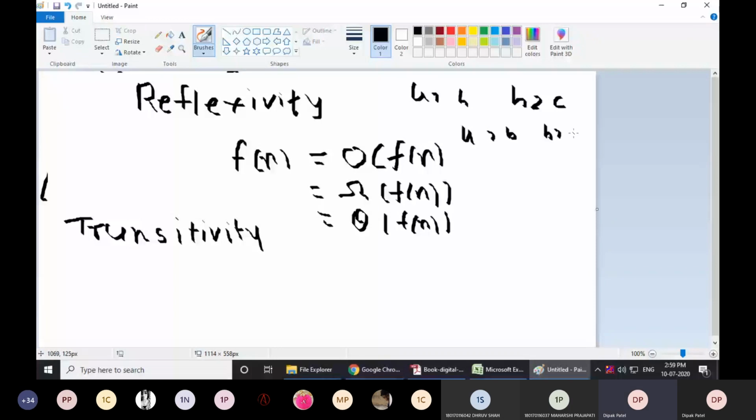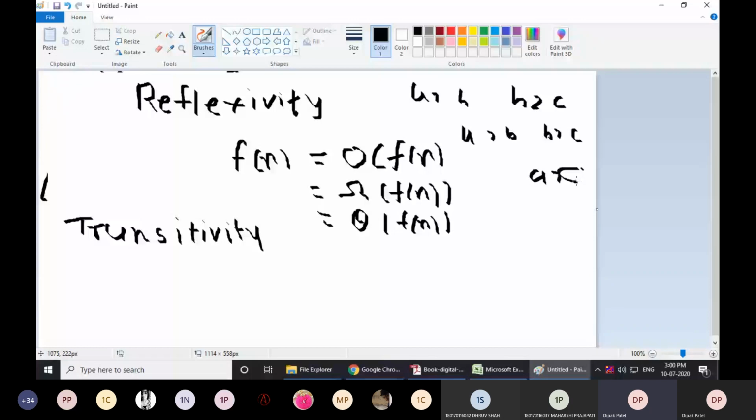So what about the relation between A and C? What can be the relation between A and C? Greater than. A is greater than C, right? So this is how A and C are related.